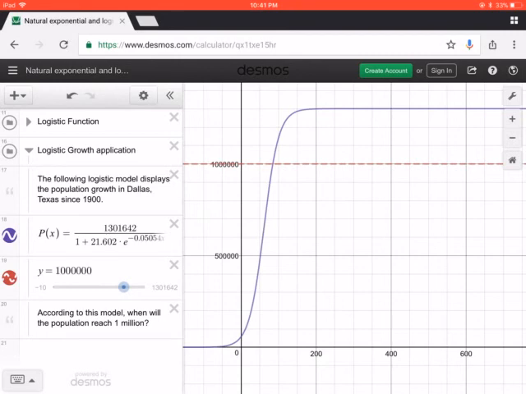So we could argue that, what is it? So that would be 2053. In 2053, we are extremely close to reaching Dallas's carrying capacity.